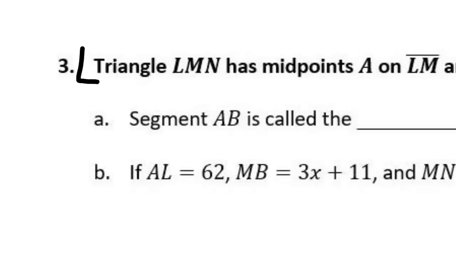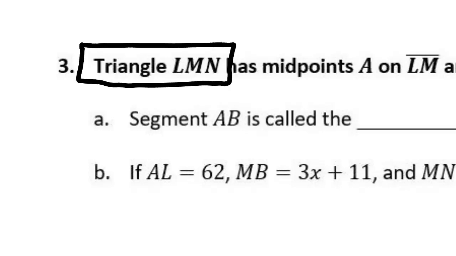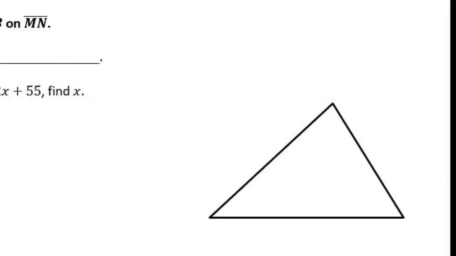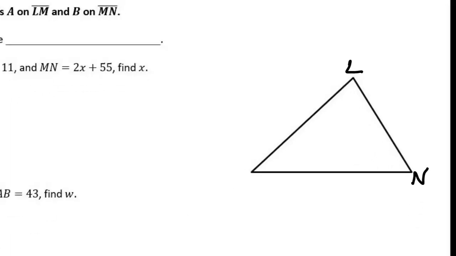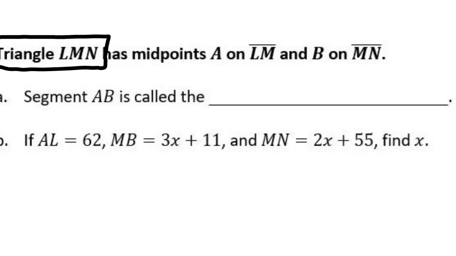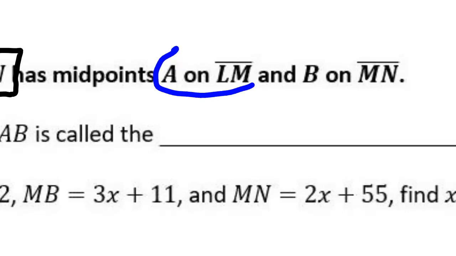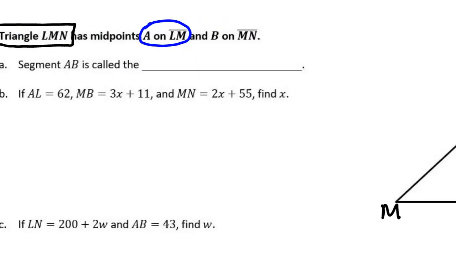Number 3, it says we have a triangle called LMN. So on this blank triangle over here, let's go ahead and label that up. I'm going to do LMN. Then it says it has midpoints. It has a midpoint of A on segment LM.